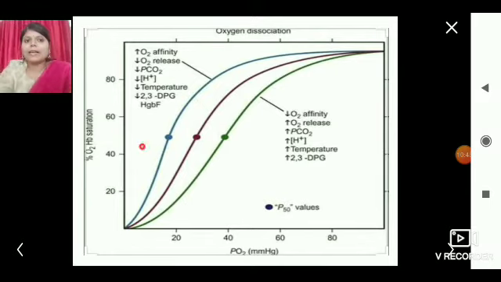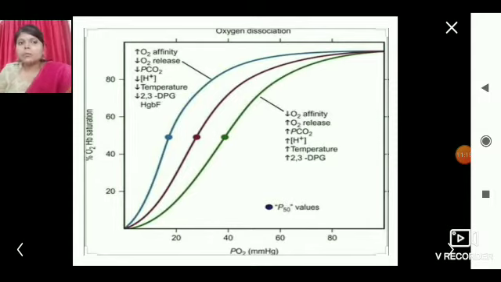Here, the shifting of the curve happens when there is an increase in oxygen affinity and a decrease in oxygen release. Which is one of the factors pulling the graph to the other side, meaning the saturation is happening very rapidly.